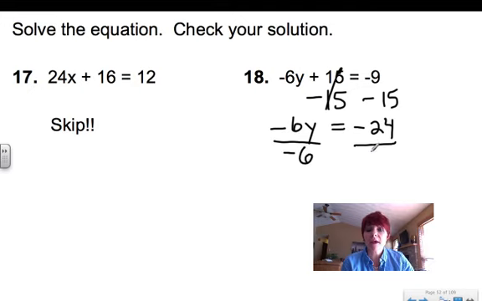And when you do that, you have to do it to both sides of the equation. So basically what that does is that factors this out. Those become 1, so it'd be 1y equals negative 24 divided by negative 6, which is positive 4. And again, you could go back and plug that in and see if it works. 4 is the correct answer for number 18.